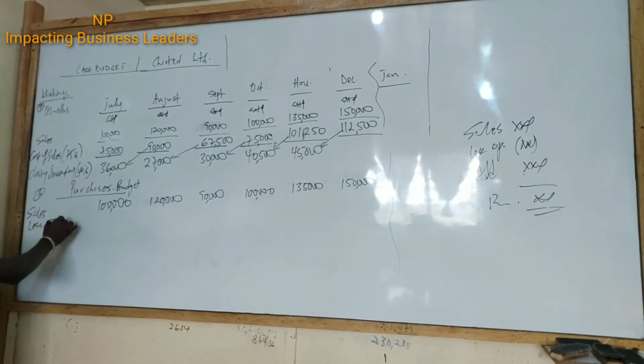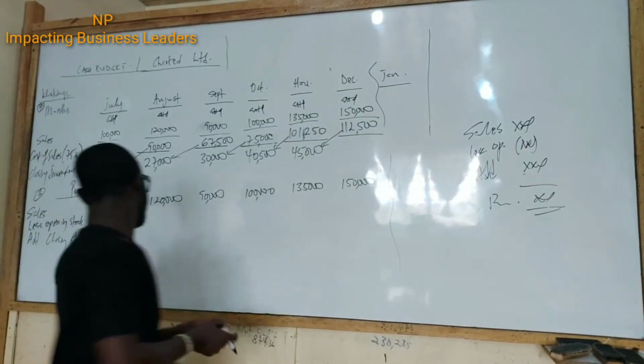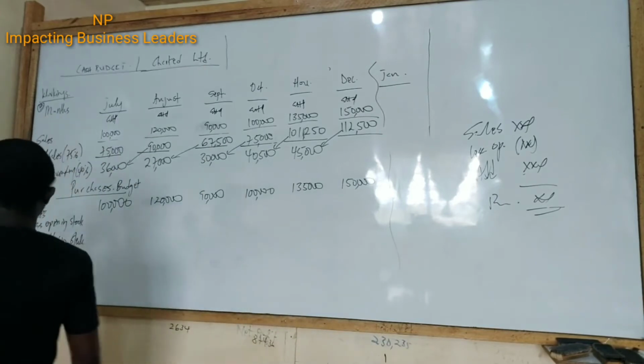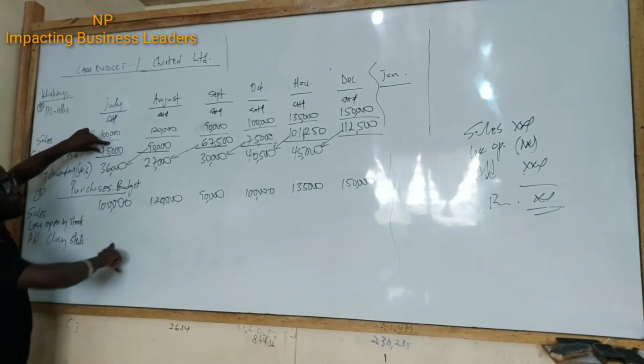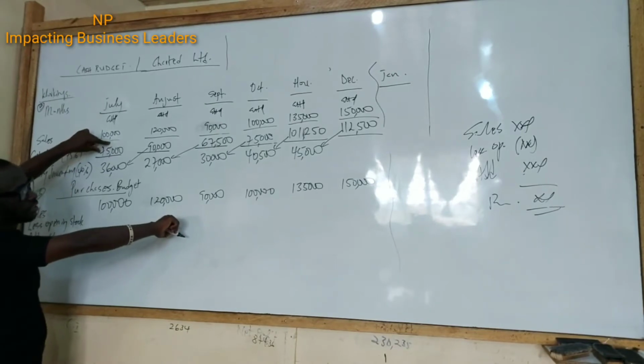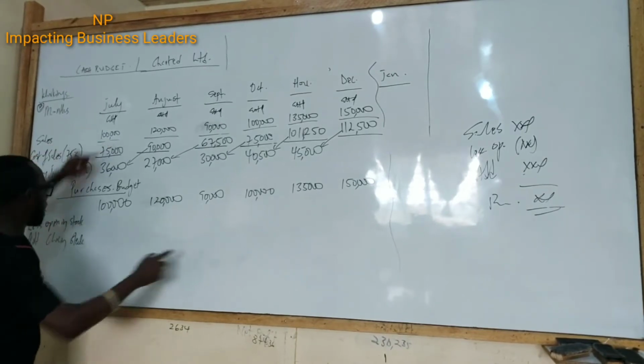So how do we get our opening stock? Then we add closing stock. See what's happening here. Closing stock for July becomes the opening for August. We go in that order.